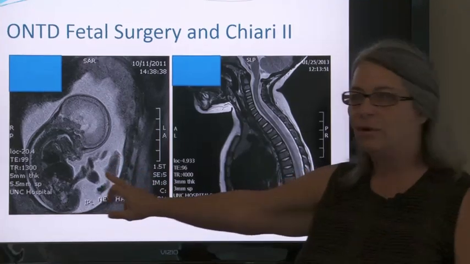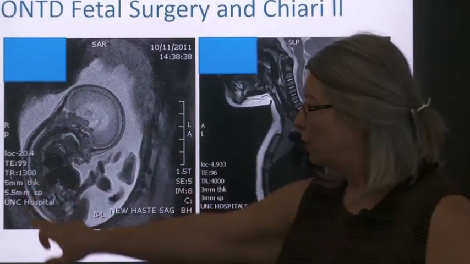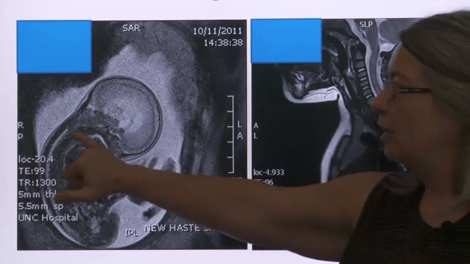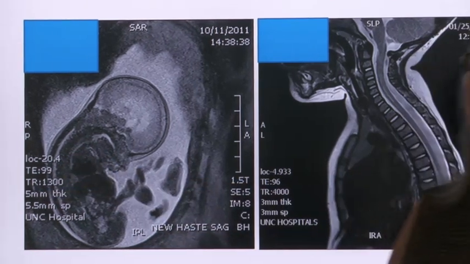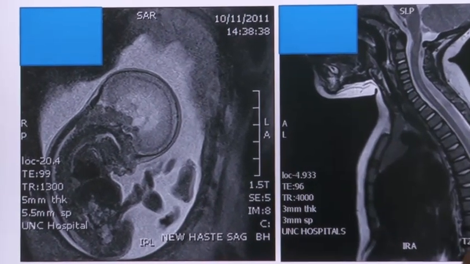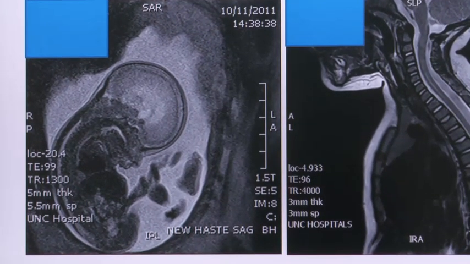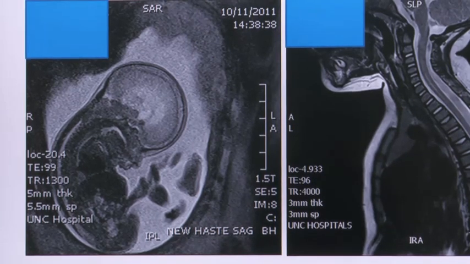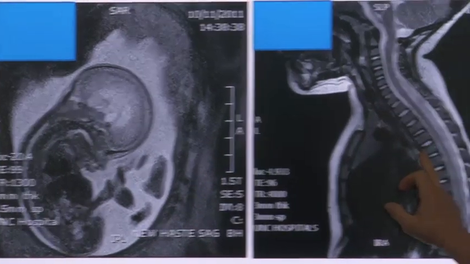So this MRI is of a fetus with a neural tube defect with a Chiari malformation. It's part of the criteria to be considered for fetal surgery, is we do have to have the Chiari malformation. This is the same baby.